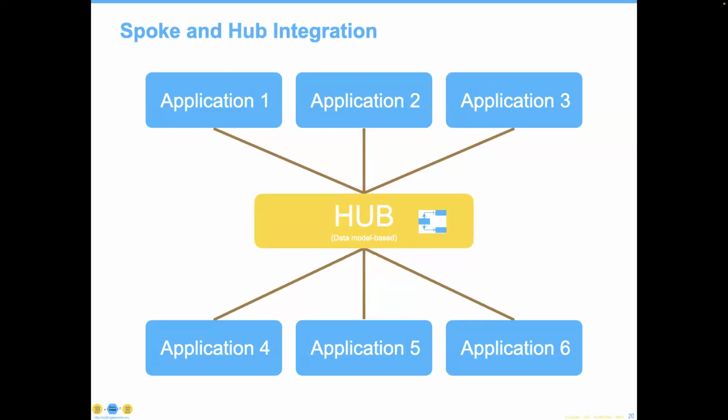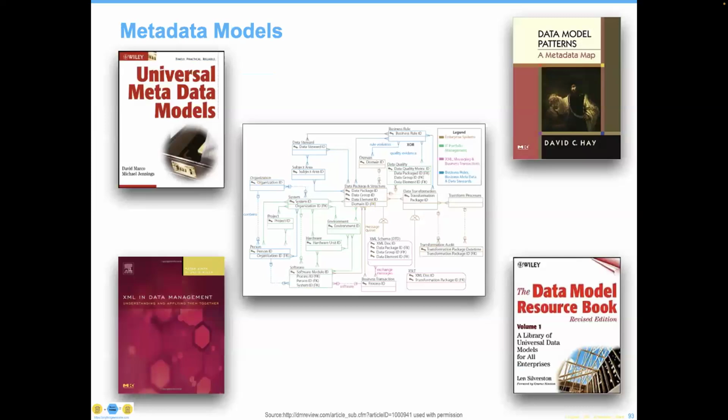I would suggest, if I go back to that page that had the pieces on there, a couple of good books on that. But like I said, Len Silverston's are the main ones because he has so many patterns. Again, I'll just tell a quick story: Shannon and I were both at a conference in San Diego a couple of years ago, and my talk happened to be on that day.